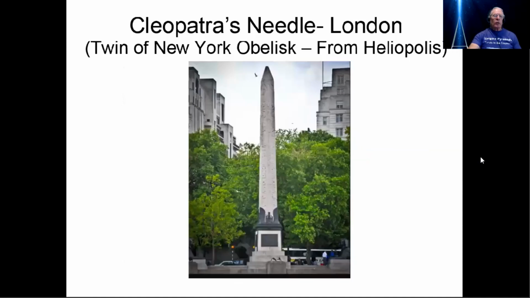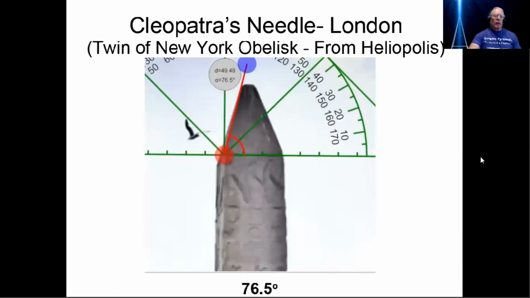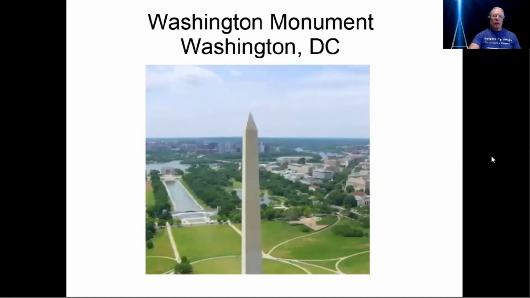And similarly, the twin obelisk that's located in London, here's a picture of it. We're getting a slant angle of 76.5 degrees. Again, both within the margin of error of the ruler, given the quality of the pictures available at the top of these obelisks.